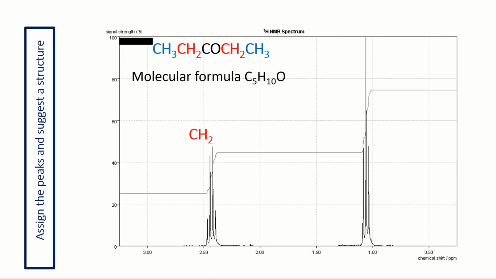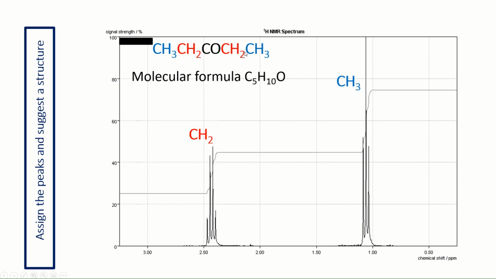So herein, if you look at this compound here with molecular formula C5H10O, it's a carbonyl of some sort, a ketone, and you can see there are 2 different signals. The methyl appears as a triplet because it has this methylene here, so we get 2 plus 1.